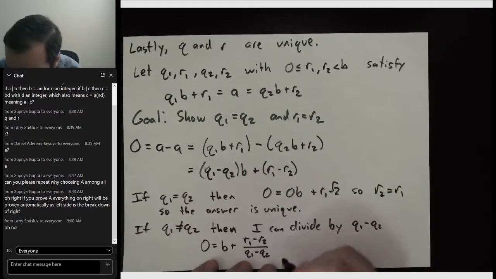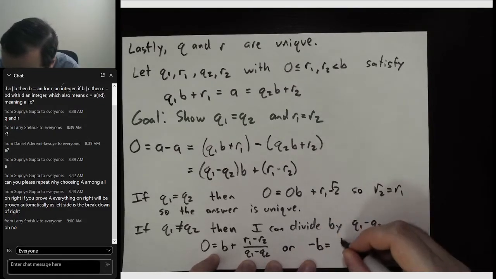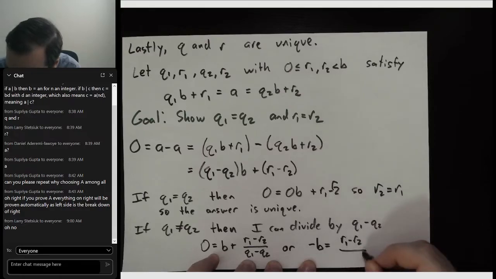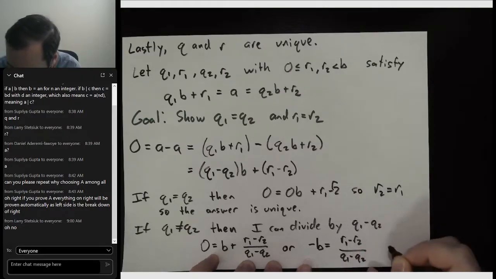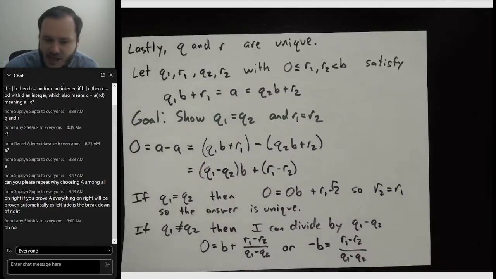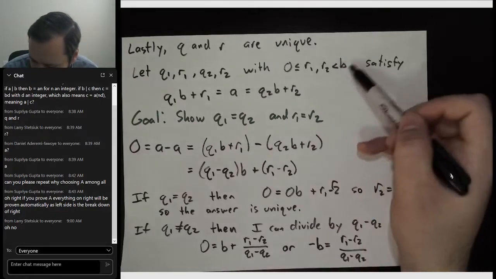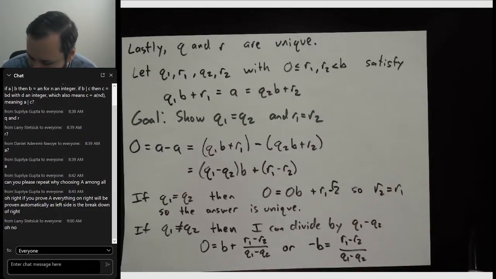So maybe let me subtract this to the other side. Or negative B is equal to R1 minus R2 divided by Q1 minus Q2. So what I get on this side is supposed to be an integer. But I know that these two values are both less than B. They're stuck between 0 and B.